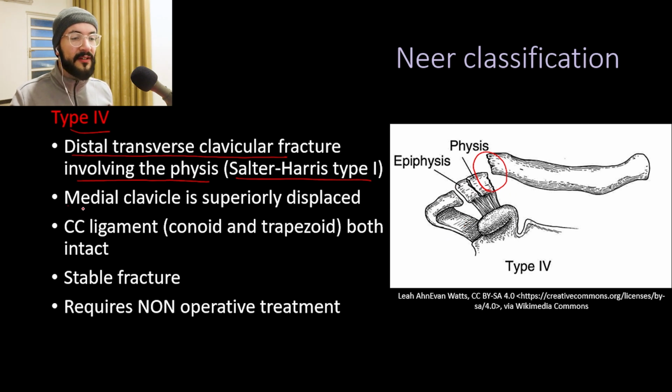The medial clavicle is superiorly displaced by the action of the sternocleidomastoid, as we mentioned, and the other fragment is pulled down by the weight of the shoulder, and the coracoclavicular ligaments are both intact, as you can see them here, and this fracture is considered stable and it requires non-operative treatment.